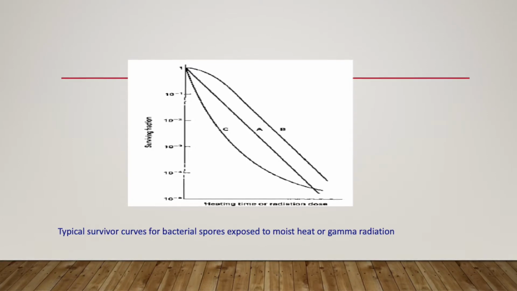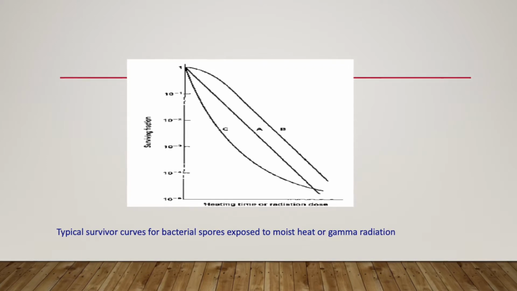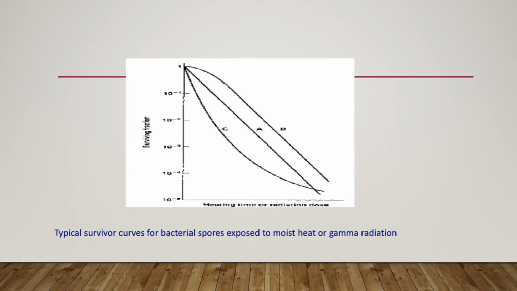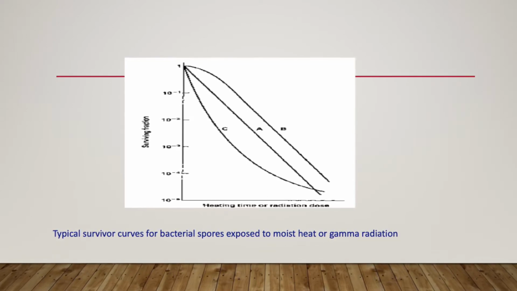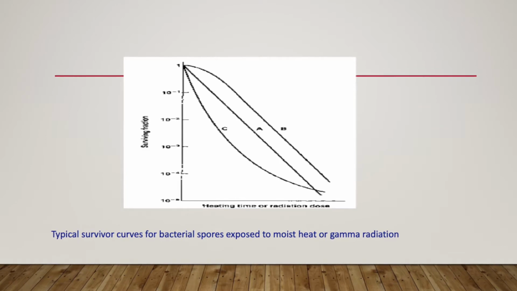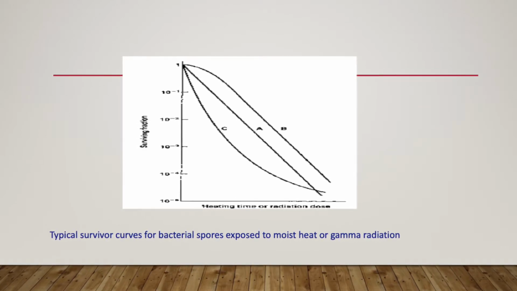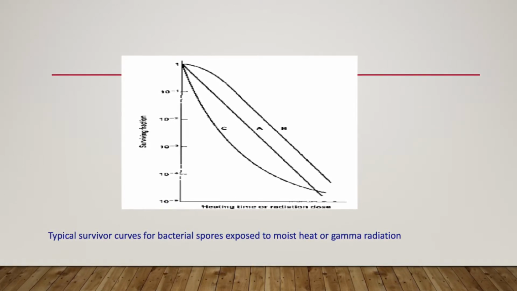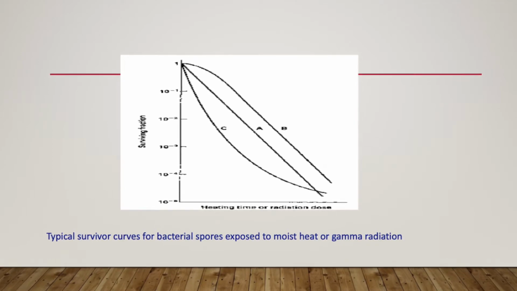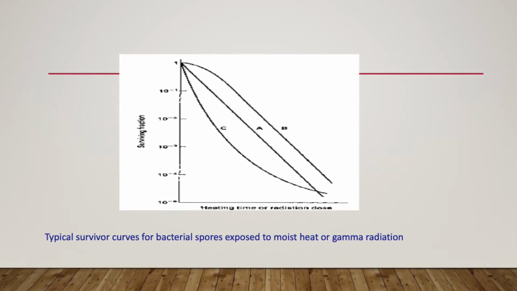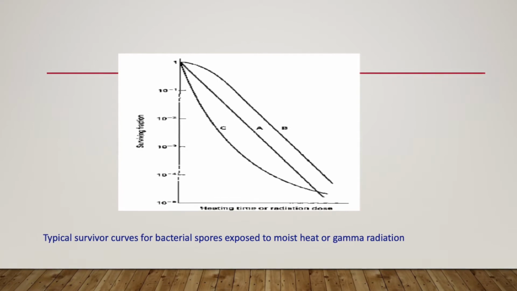Then next we have a survivor curve. As you can see here, the typical survivor curve of bacterial spores shows the surviving fraction versus the heating time or the radiation dose which you are providing. You are getting basically three curves, labeled A, B and C. So what is A? A is a typical curve which shows a linear path, and it is a continuous one.